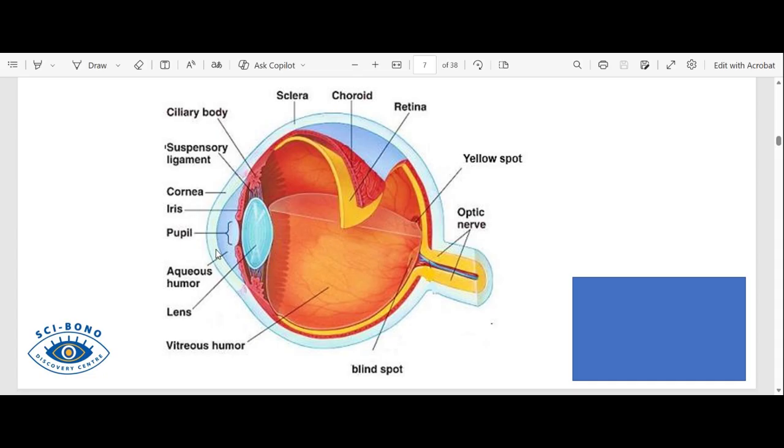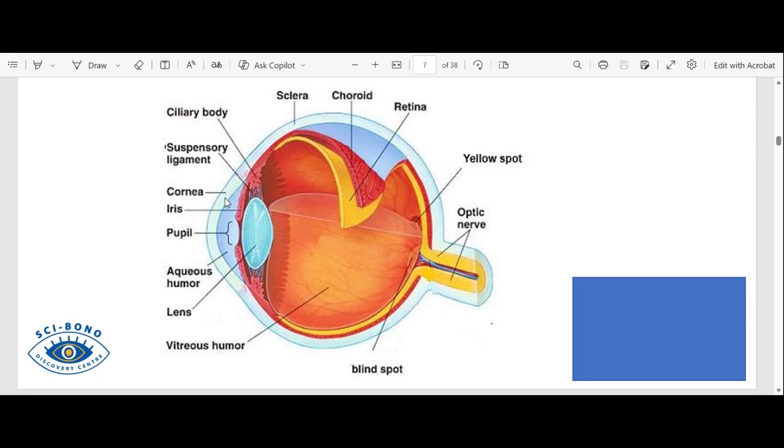Remember, what does convex mean? Convex means that it extends outward. So it curves outwards. Does that make sense? Right?